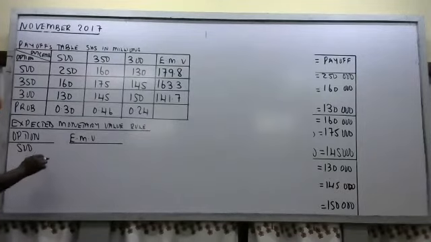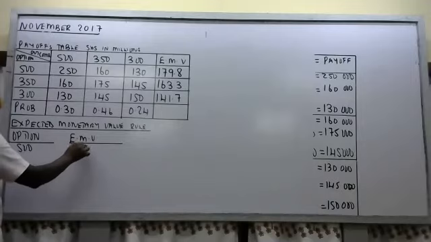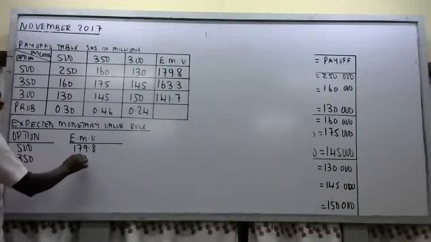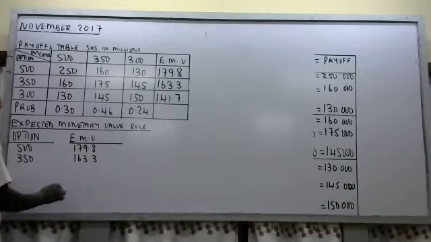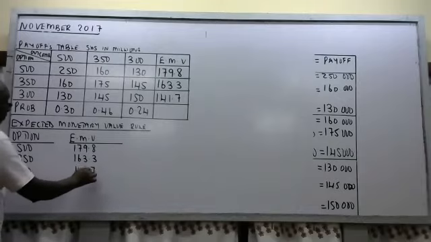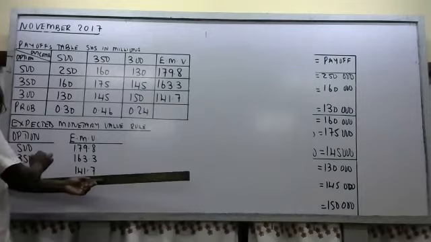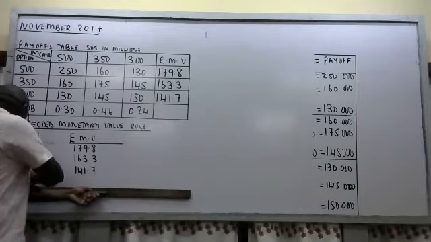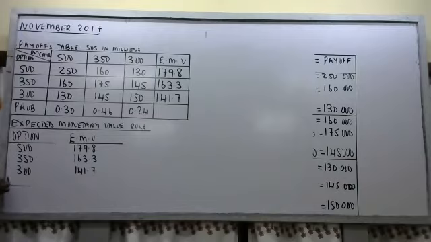The option of 500, the EMV is 179.8. 350, we have 163.3. 300 is 141.7. So the advice is, remember we go for the highest.